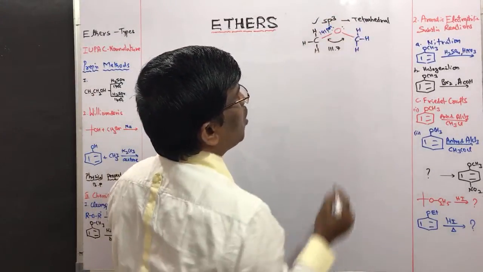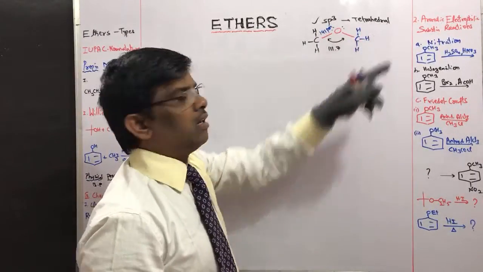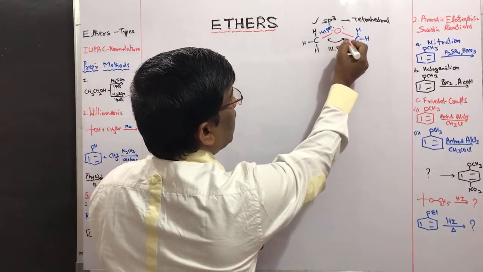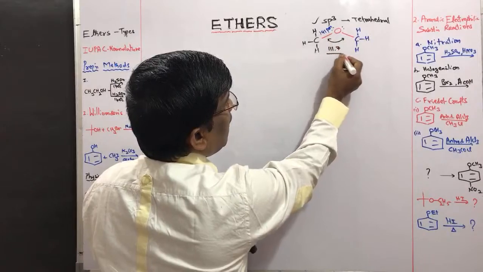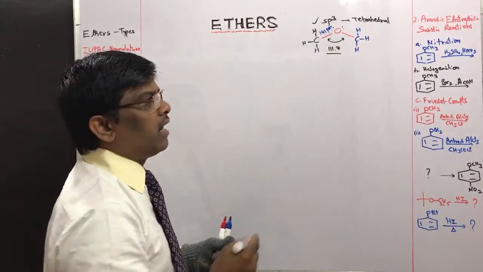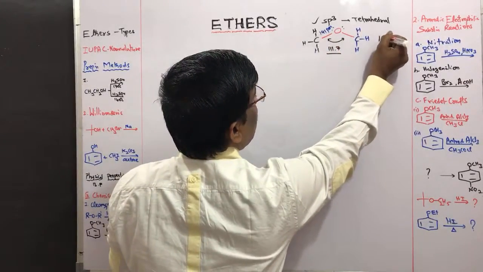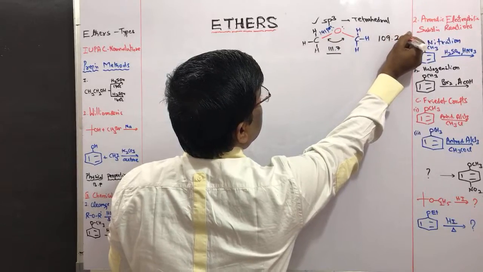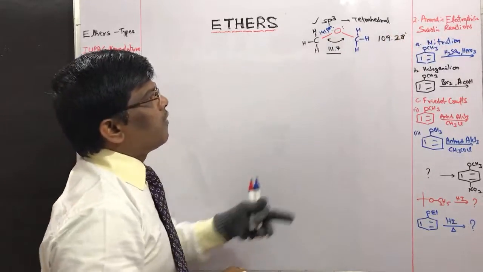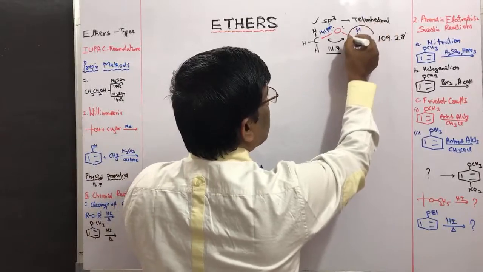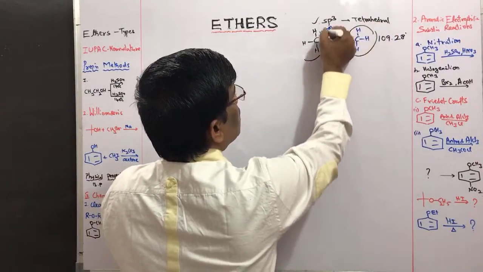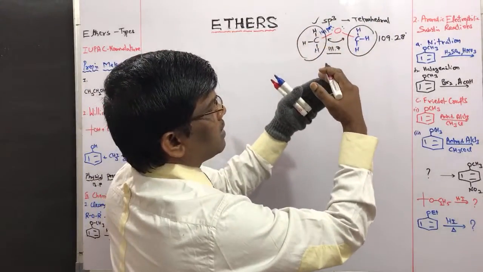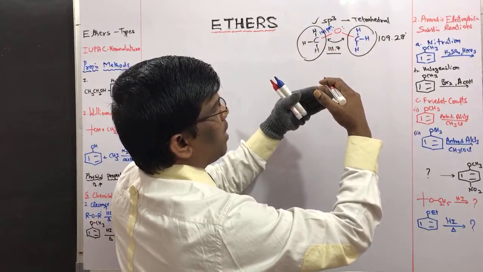The shape of this molecule is tetrahedral and the bond angle is a little higher than the usual tetrahedral bond angle, which is 109.28 minutes.